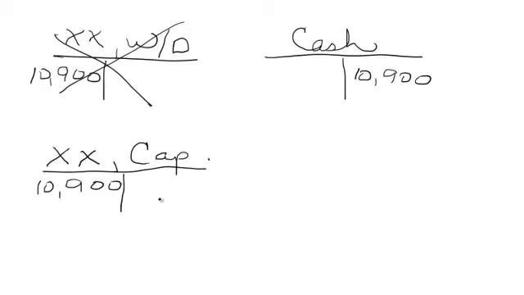Okay, so now that we got everything laid out, column 1, the difference between the debit and the credit columns. Is there anything? No, because we have $10,900 on the debit side, we have $10,900 on the credit side. So you can put a 0, you could put a line through it, you could put N/A, because there's not a difference.